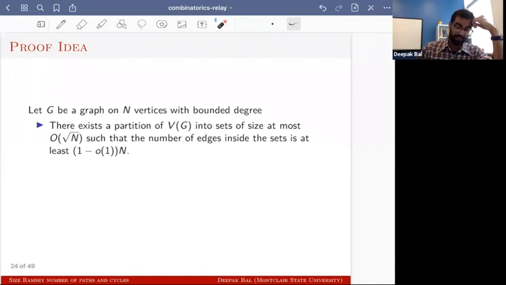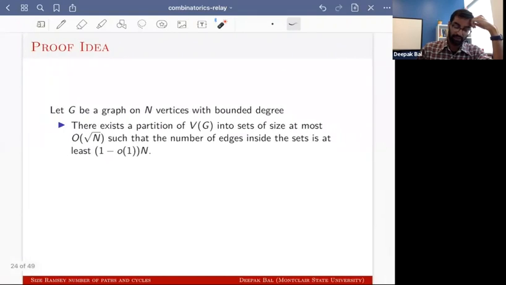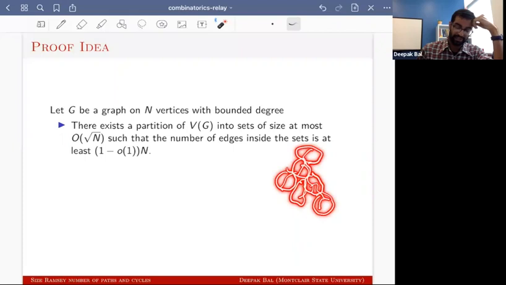Since G has bounded degree, what you can do is take a spanning tree and cut it up in the appropriate places in order to get these sets of size at most root n, where there are basically capital N many edges inside the sets.